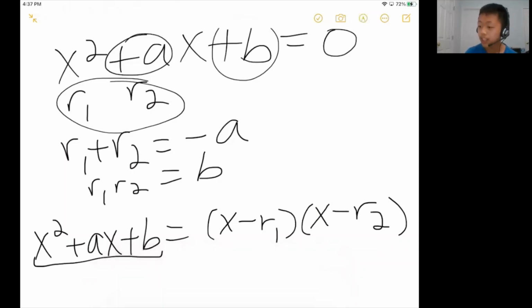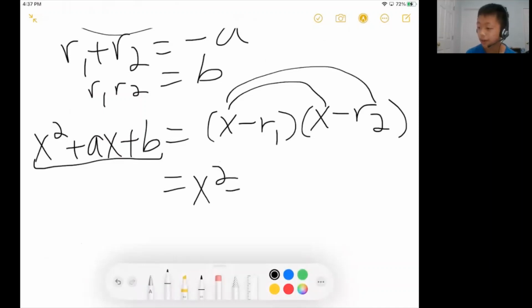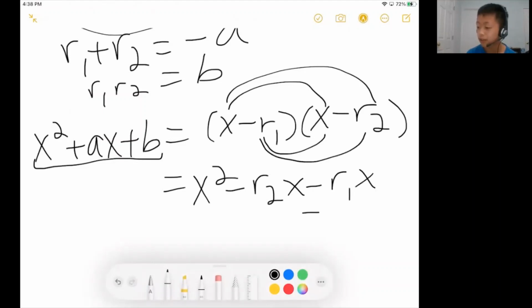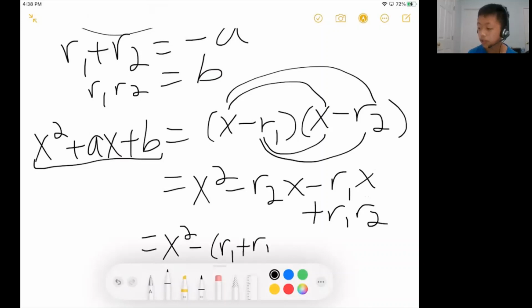If you expand the right side, you distribute: x times x, x times minus R2 gives minus R2 times x, minus R1 times x, and minus R1 times minus R2 is plus R1 R2. We can group the two middle terms together as x squared minus (R1 plus R2) times x plus R1 R2.